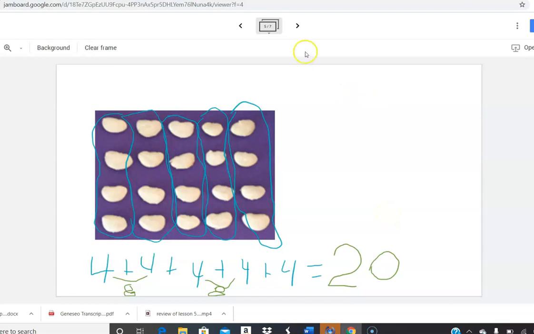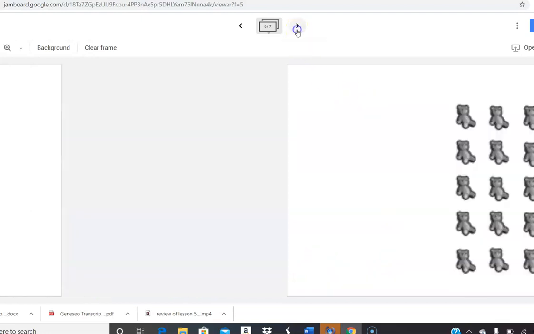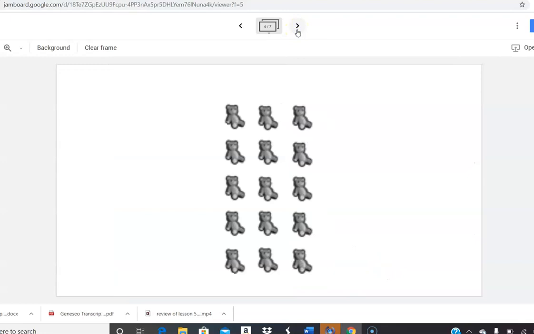All right, let's look at another picture. Look at these bears. How many rows are there? How many rows are in this array? Let's count them.